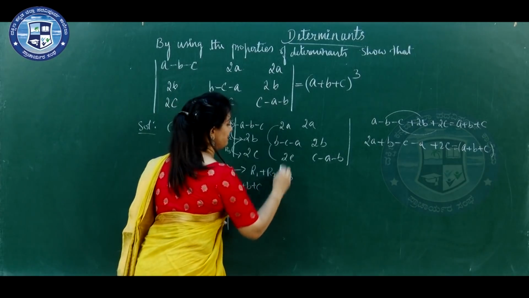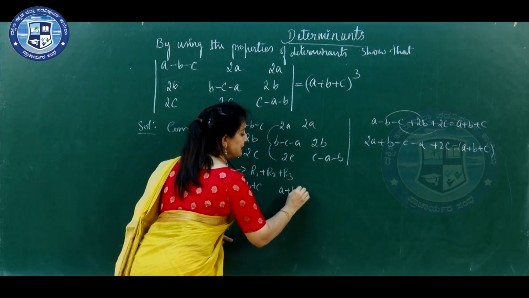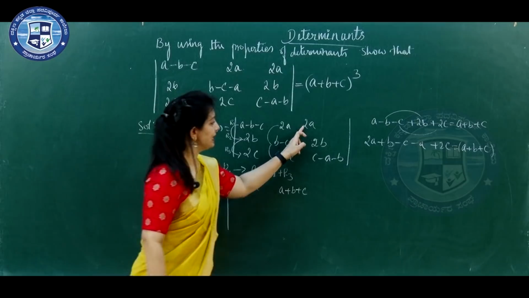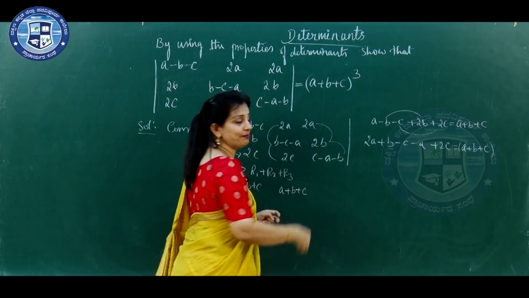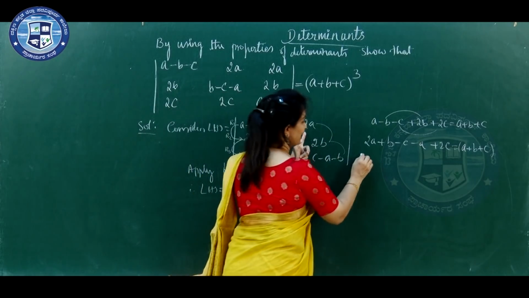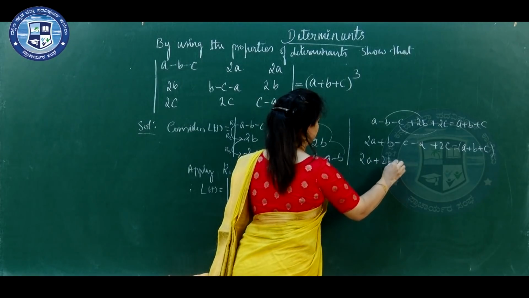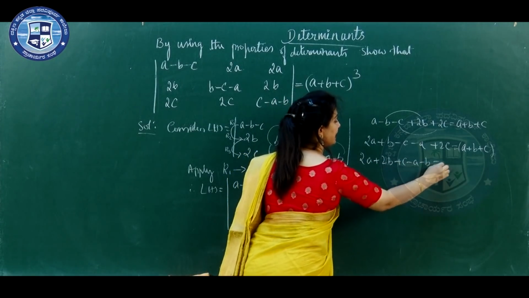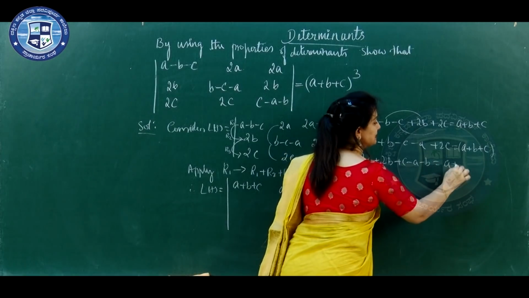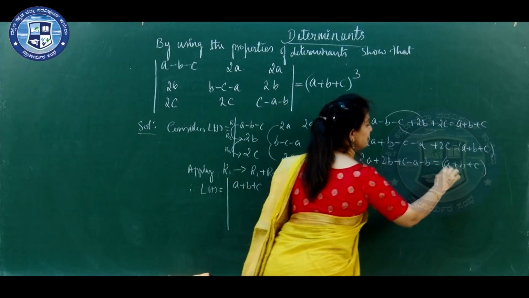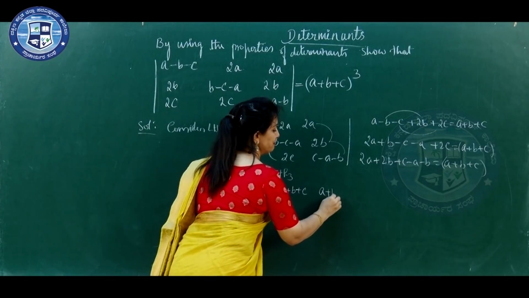So, here the second element is also A plus B plus C, alright. And next 2A plus 2B plus C minus A minus B, again we will get A plus B plus C. So, here A plus B plus C.